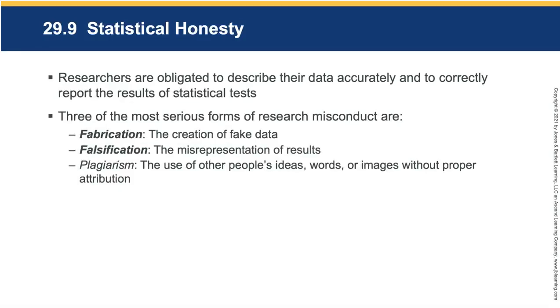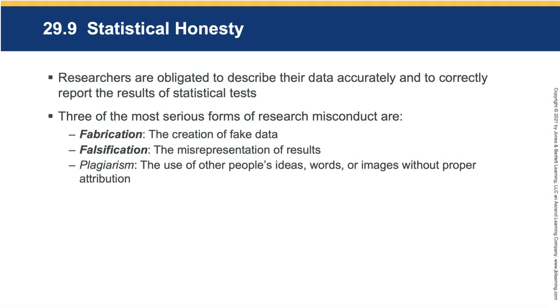So then we do have to touch on statistical honesty, because some people are not quite honest when they report their data. Reasons for this would be the prestige involved in publishing something that was considered really important in a highly respected scientific journal, and some people don't get the data that they want, and so they fudge it a little bit. This is not okay.